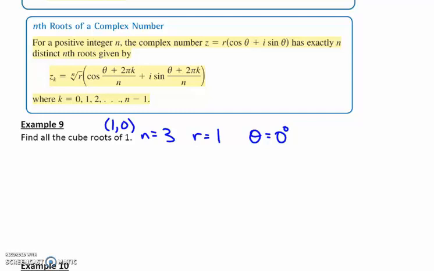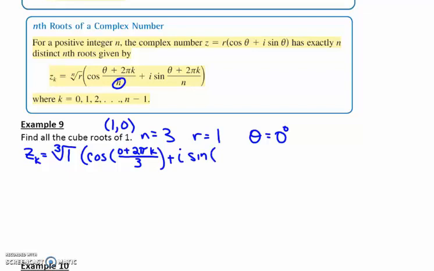So our formula is z sub k is equal to the cube root of 1, because that's the nth root, times the cosine of, and we'll do this in radians, theta plus 2 pi k all over 3, because remember, our n is 3 here, plus i times the sine of the same thing.